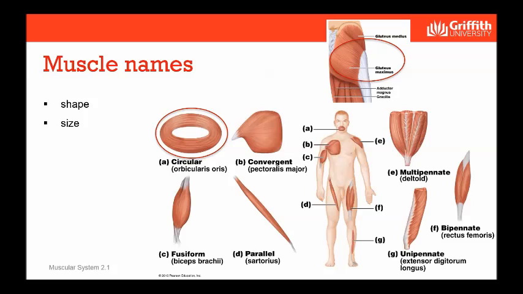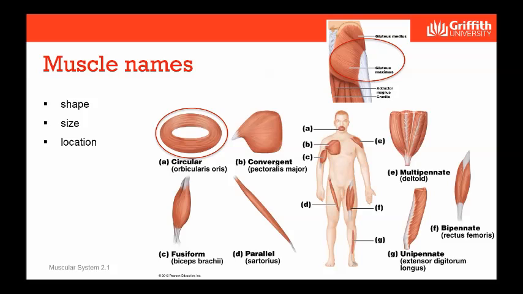The muscle may gain its name because of its size. The gluteus maximus is the largest muscle in the body. Gluteus minimus is the smallest of the gluteal muscles. Longus meaning long, and brevis meaning short.